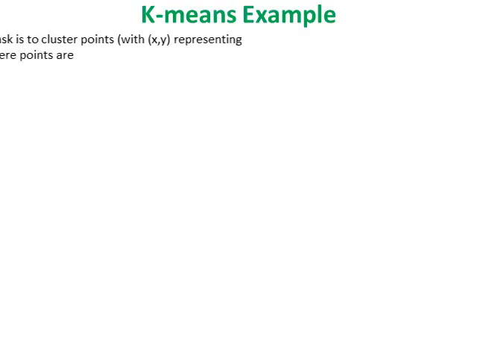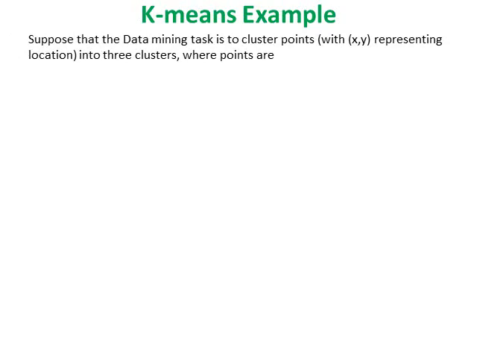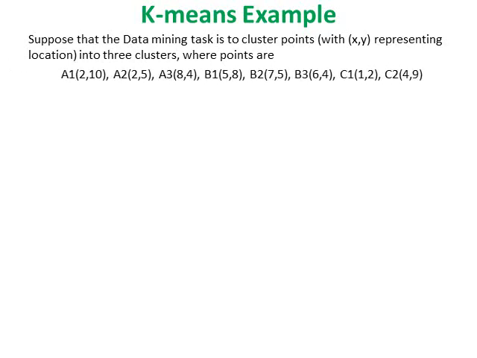Suppose that the data mining task is to cluster points into three clusters where the points are A1 (2,10), A2 (2,5), A3 (8,4), B1 (5,8), B2 (7,5), B3 (6,4), C1 (1,2) and C2 (4,9).